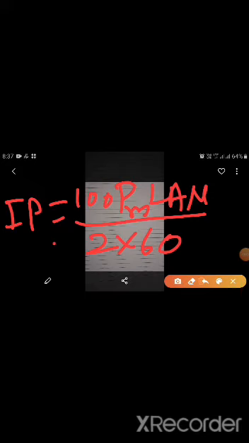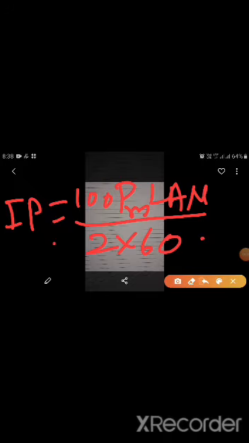So whenever divided by 2 comes in the IP formula, it is a 4-stroke engine. Whenever divided by 1000 comes in the IP formula, PM is in Newton per meter square. Whenever 100 comes before PM, then PM is substituted in bar. Like this you have to remember.